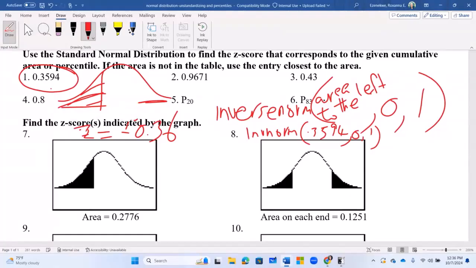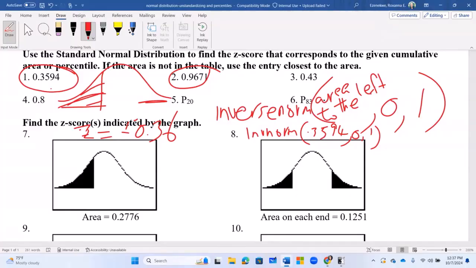So I could be told to find P3594. All right. So something here, I am told to find the z-score corresponding to area to the left of 0.971.